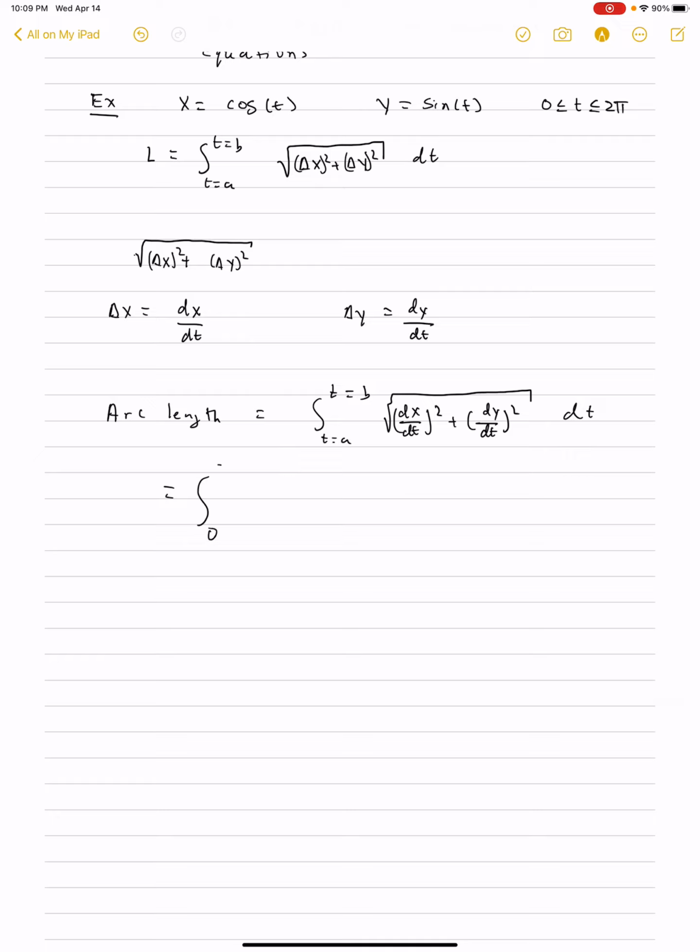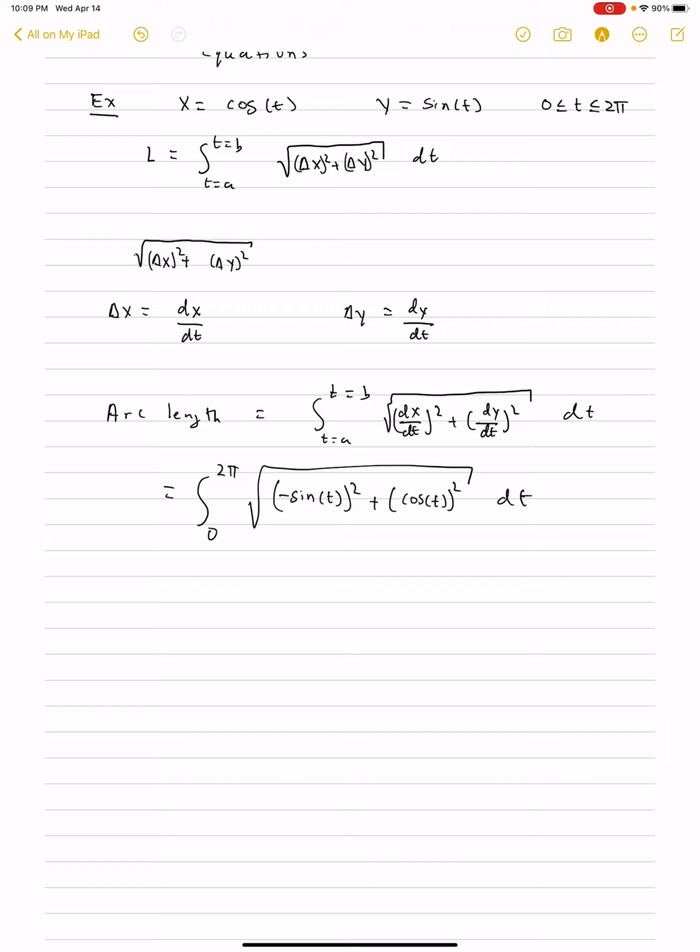So this will be 0 to 2 pi. dx dt will be the derivative of cosine, which is minus sine, and then we're going to square it. Plus dy dt, the derivative of sine, will give us cosine of t squared.